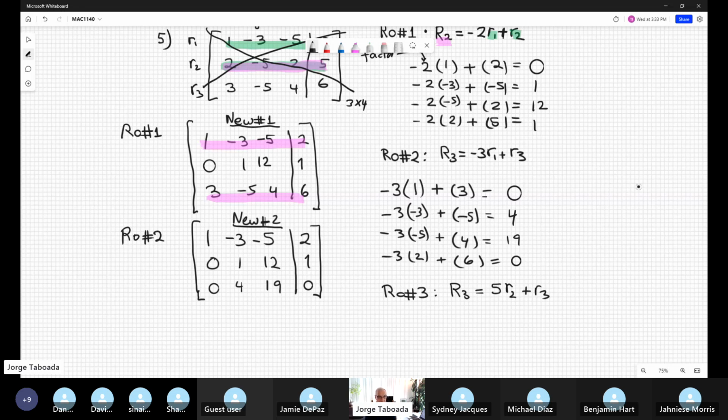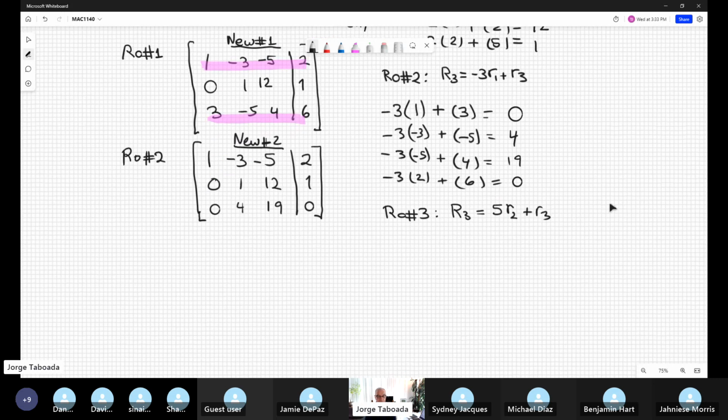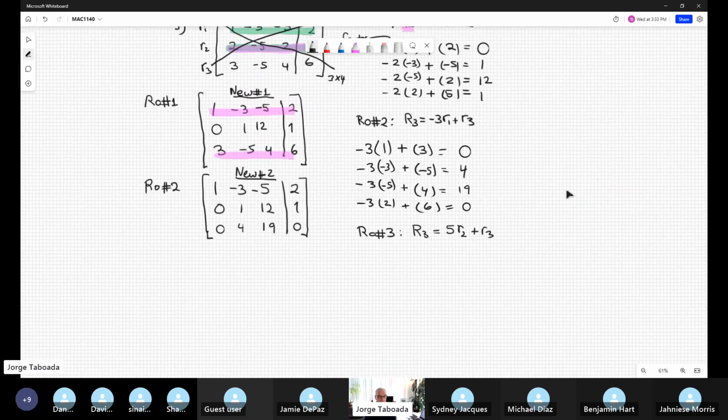Now I have to perform row operation number 3. I saw clearly that the only row that changes is 3. Row 1 stays the same, and row 2 stays the same.